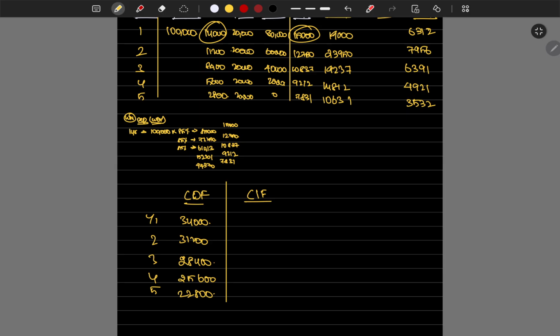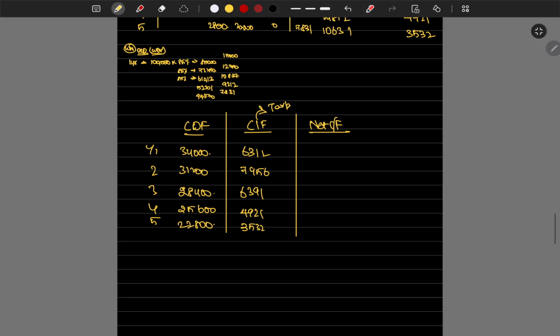What's the cash inflow? In terms of tax benefit: 6,312, 7,956, 6,391, 4,921, 3,532. Okay, what's the net cash flow?